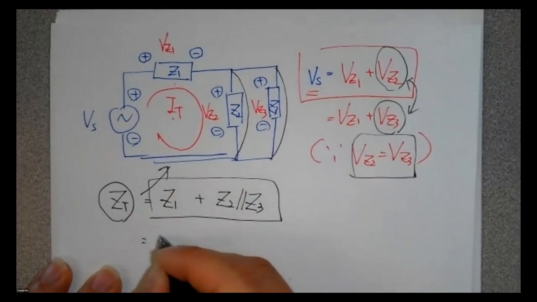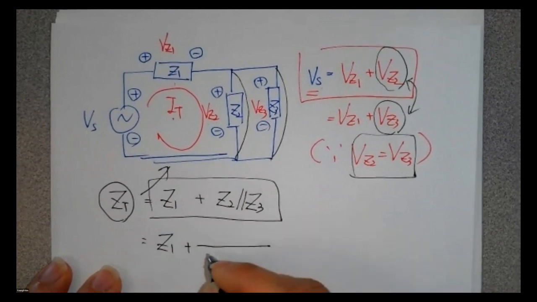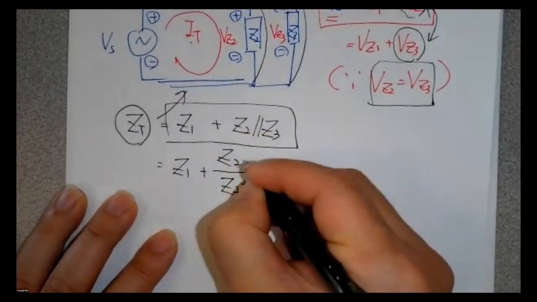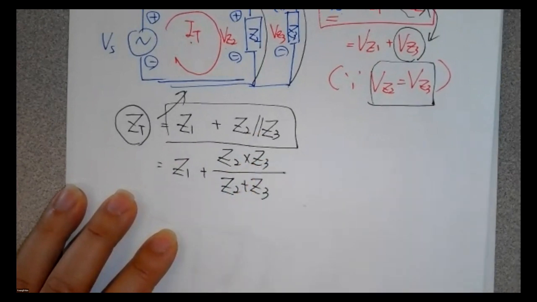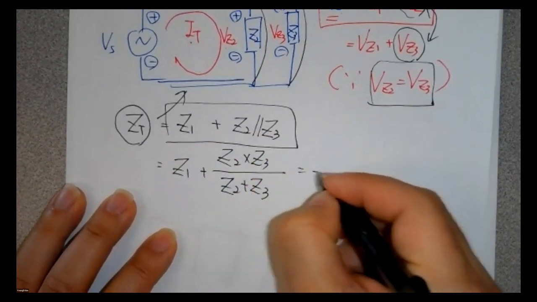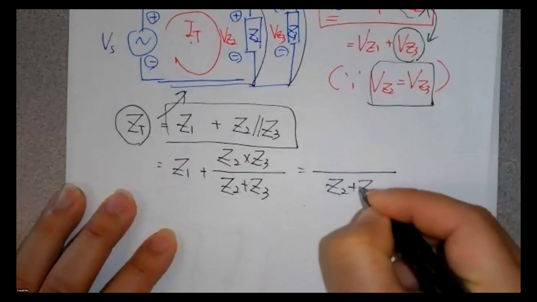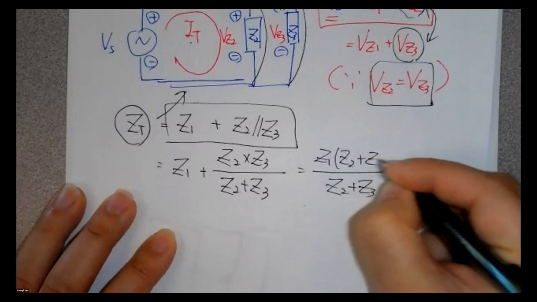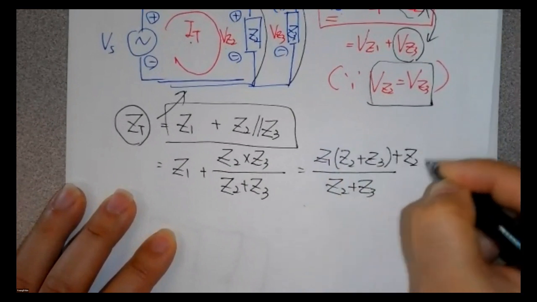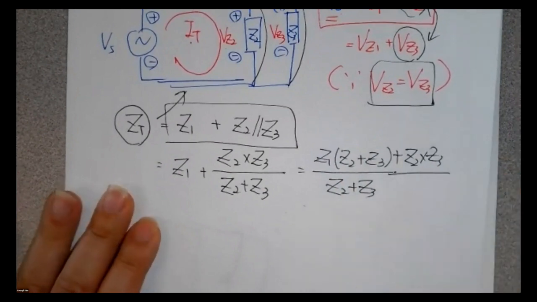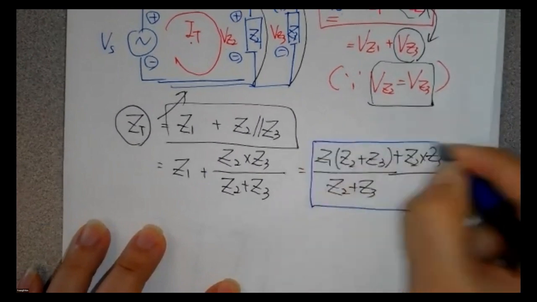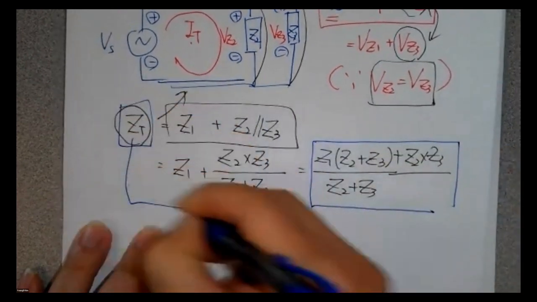So G sub 1 plus G sub 2 multiply G sub 3 over G sub 2 plus G sub 3, that is, G sub 1 plus G sub 2 multiply G sub 3 divided by G sub 2 plus G sub 3. Okay, so that was the total impedance.